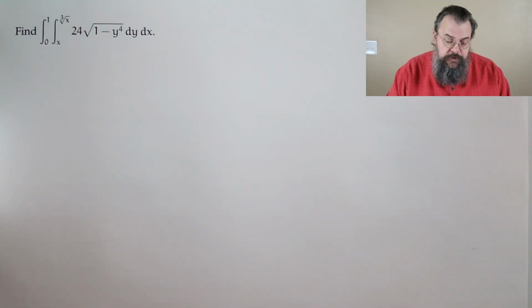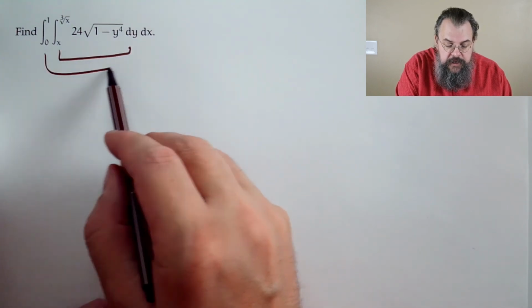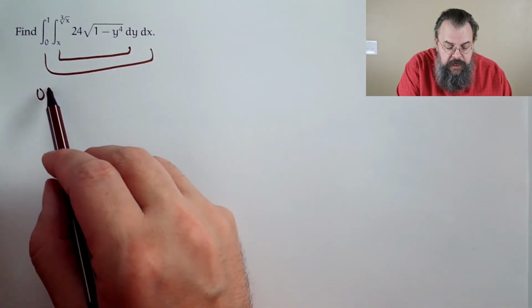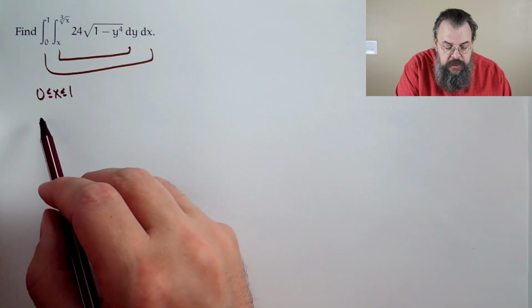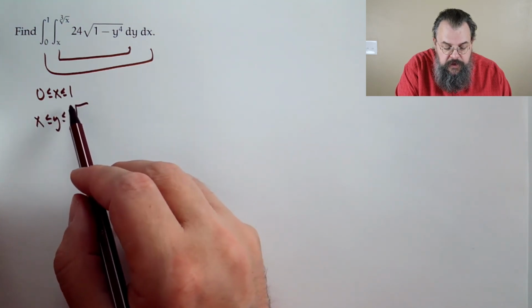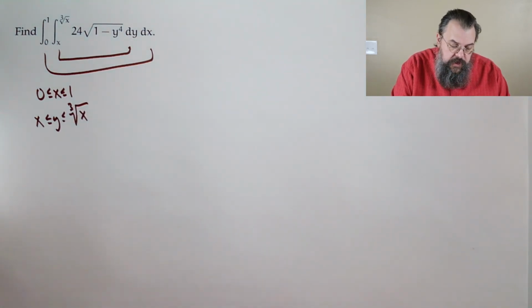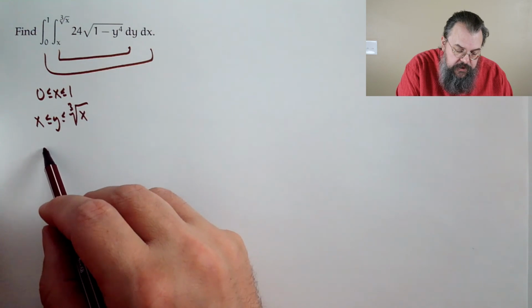Same procedure as before. So we think about our bounds, and what do we see? We see x goes from 0 to 1, and then for y, we go from x up to the cubed root of x. All right, well, great. What would that turn out to be?